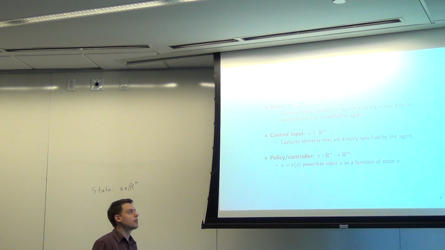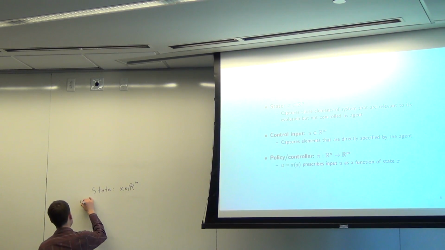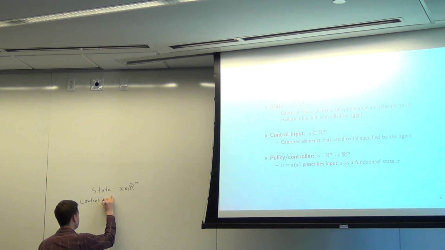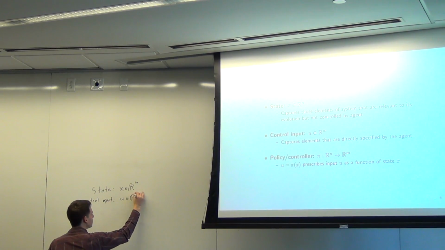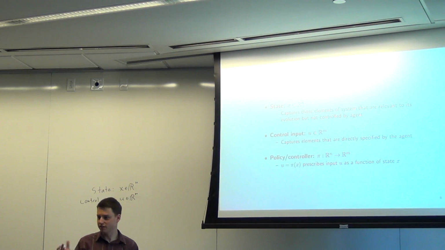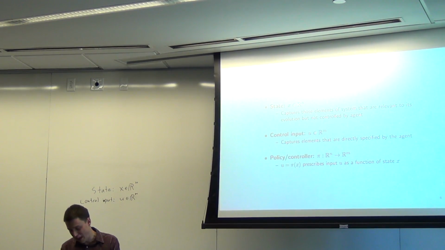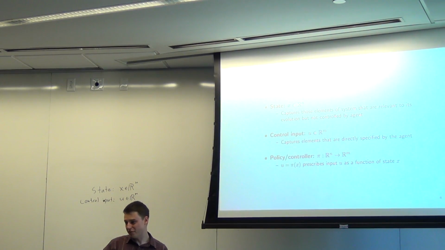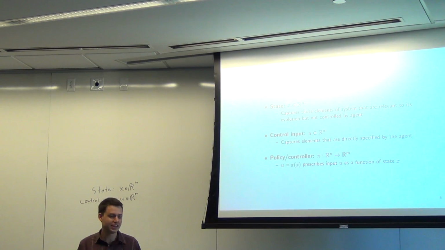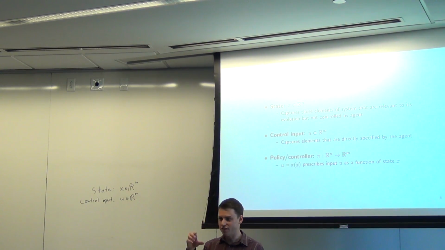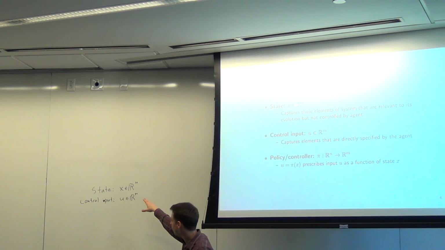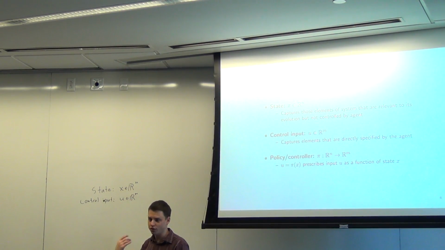Anyway, that's state. The next bit that we'll talk about is the control input. This is a vector u in R^m. So m and n here mean different things than you usually see in machine learning, where we always use m to refer to the number of samples and n to refer to the dimension of the input vector. Here, n will refer to the size of the state space, the number of state variables, and m will refer to the number of control variables you have.